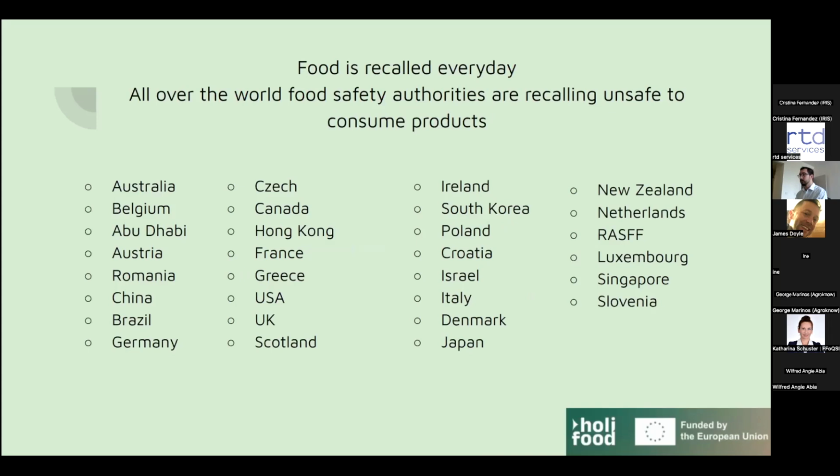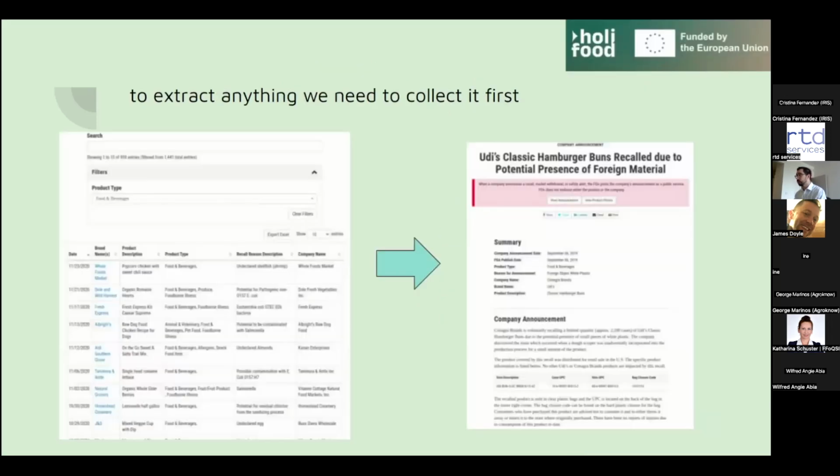As told earlier, those sources can be found around the world, and these are some of the countries that we're trying to monitor. From them, we're trying to collect specific food incident announcements. Here we have an example of a specific food safety announcement data source and authority.